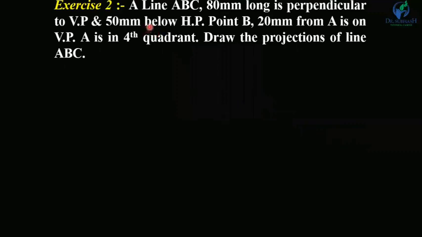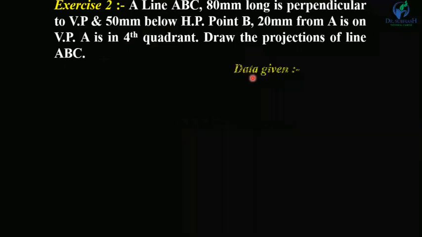Now let us understand by one example. A line ABC 80 mm long is perpendicular to VP and 50 mm below HP. Point B, 20 mm from A, is on VP. A is in the fourth quadrant. Draw the projections of line ABC.